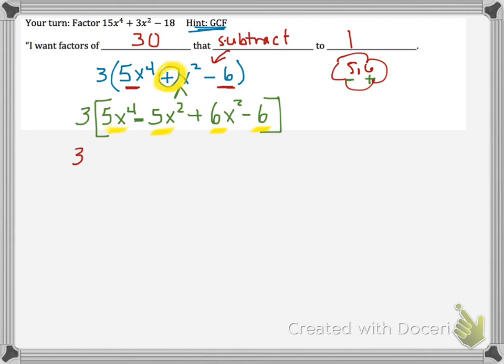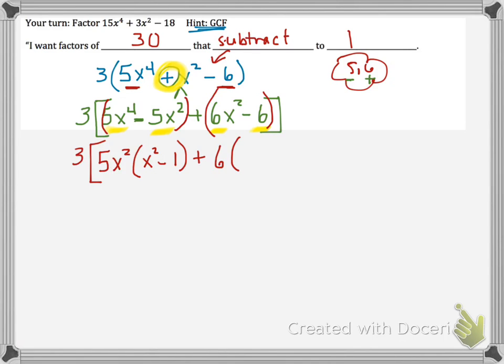So we bring down the 3. We want to group these two terms and pull out the common factor of 5x squared, leaving us with x squared minus 1. And then from the next two terms, we're going to pull out a common factor of 6.